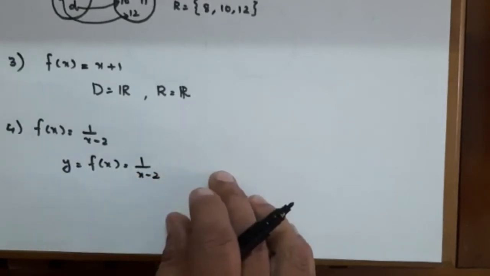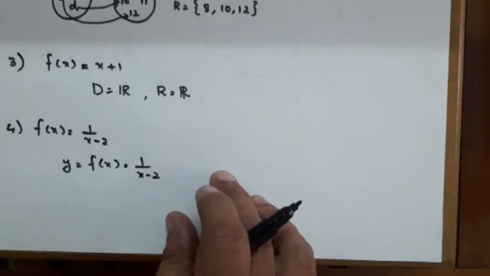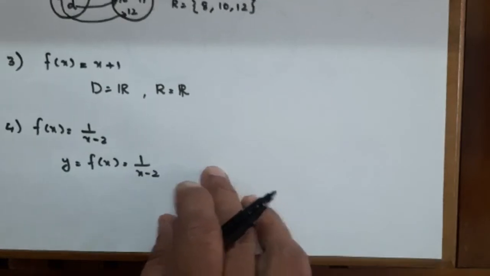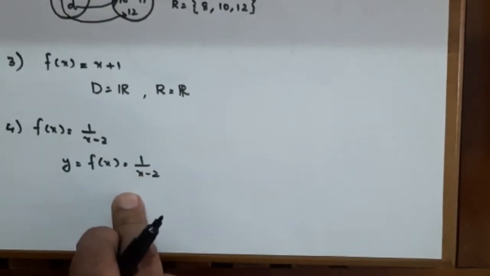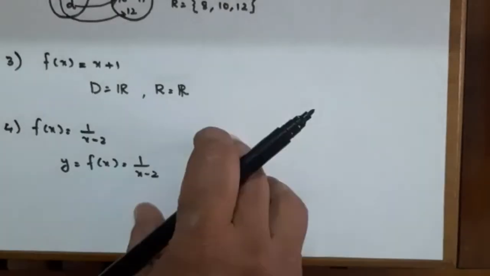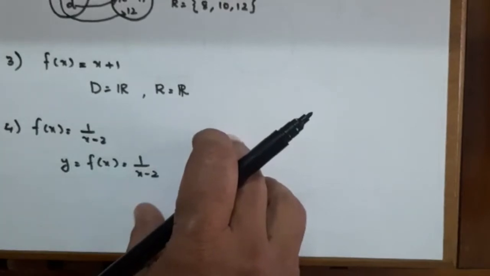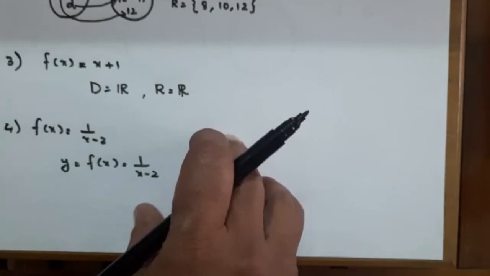Now let us think about the domain and range of this function. What about the domain? Domain means it is the set of elements for which we will get a valid answer. The answer is of the form 1 by (x minus 2), and we get a valid answer only when x is not equal to 2, because when x equals 2, this rational function 1 by (x minus 2) becomes of the form 1 by 0, which is not possible.